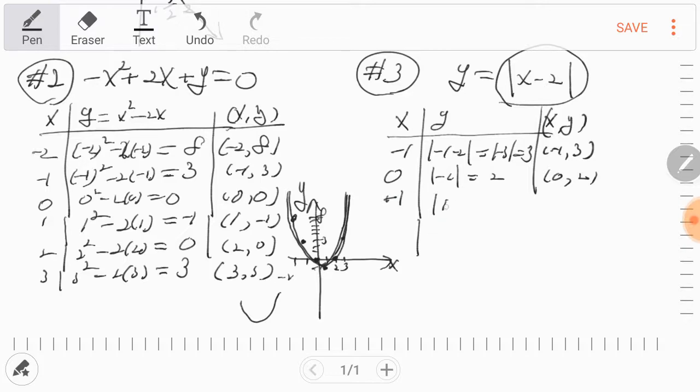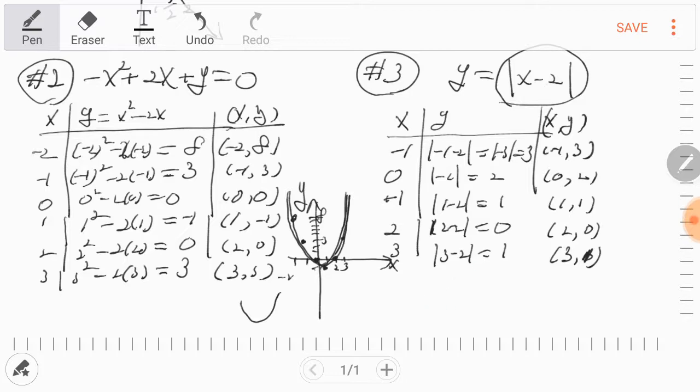So x equals 1, then 1 minus 2 is -1, so +1. X equals 2, then 2 minus 2 is 0. So x equals 2, then y is 0. Another one, x equals 3. Then 3 minus 2, then 1. Absolute value is 1. X equals 3, y is 1.